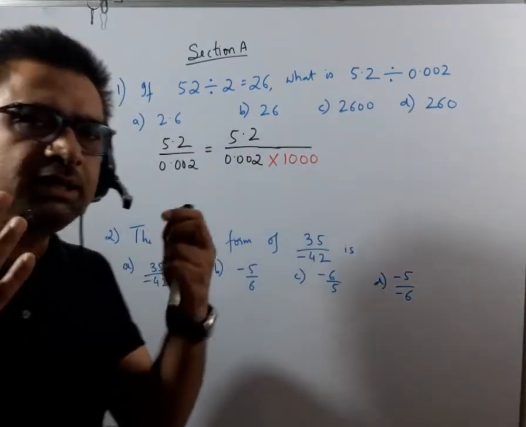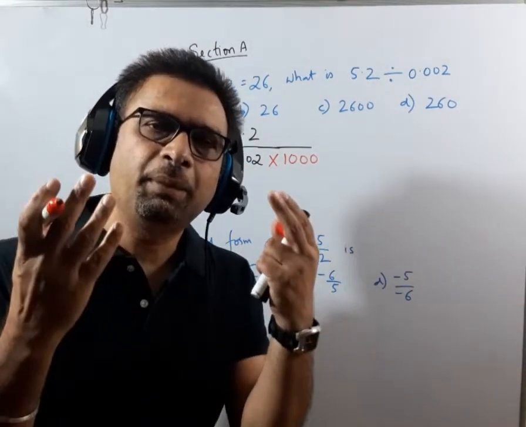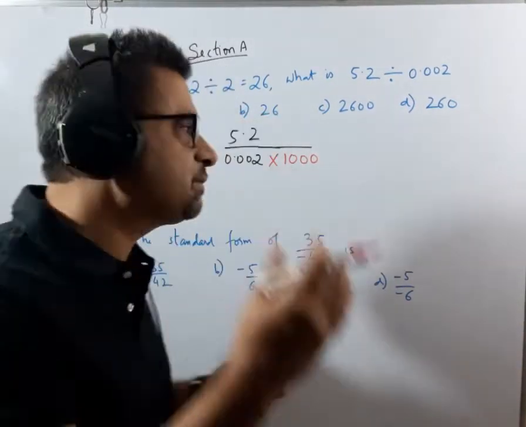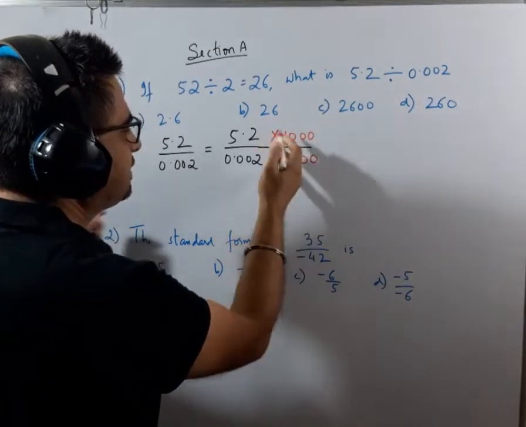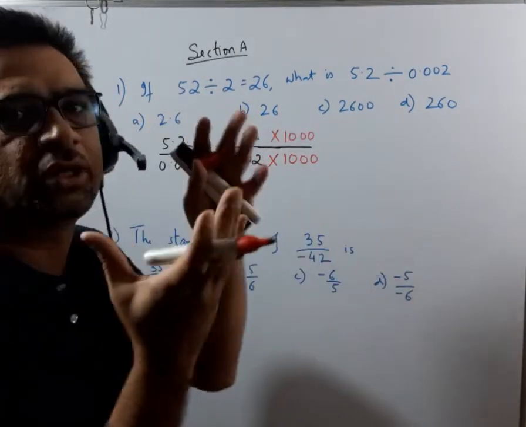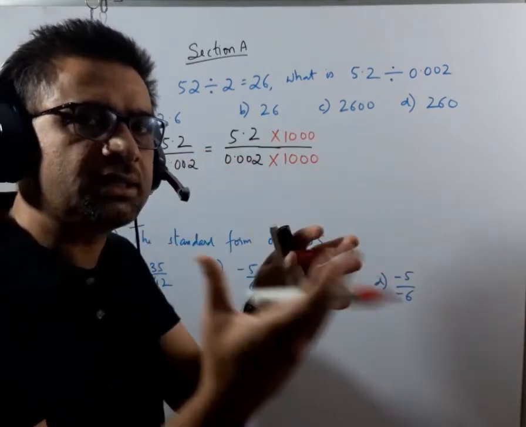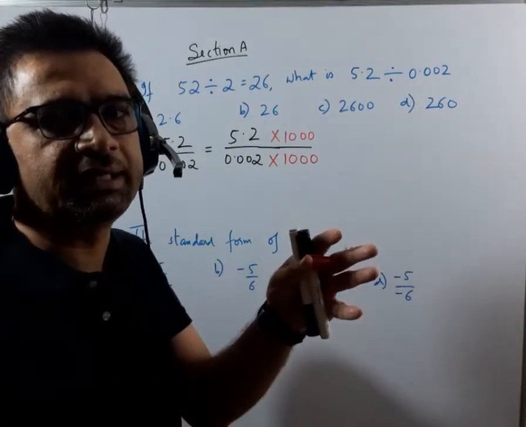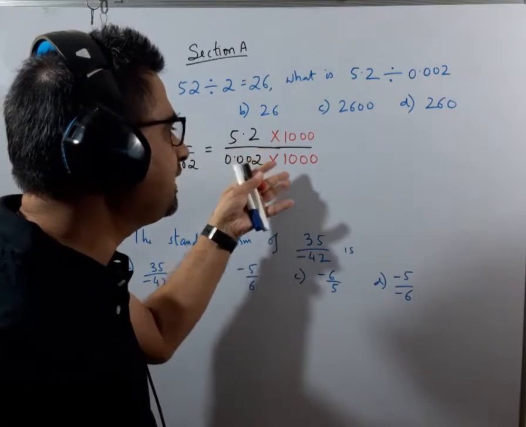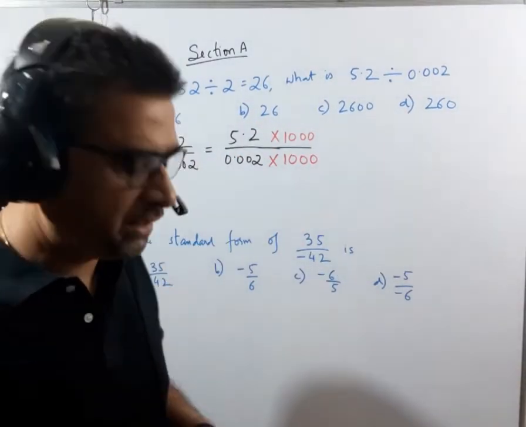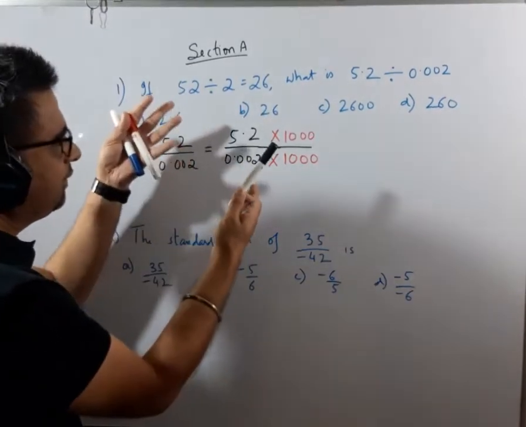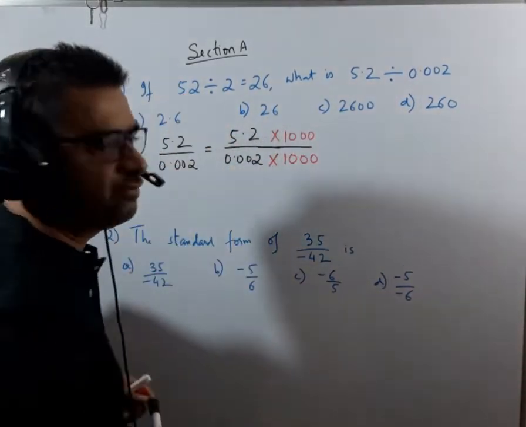Now if you have multiplied a denominator by some number, you must multiply the numerator as well by the same number so that the fraction value does not change. You can't just multiply a denominator and leave it like that. If you have multiplied the denominator by a certain number, you must multiply the numerator as well by the same number so that the value of the original fraction does not change.